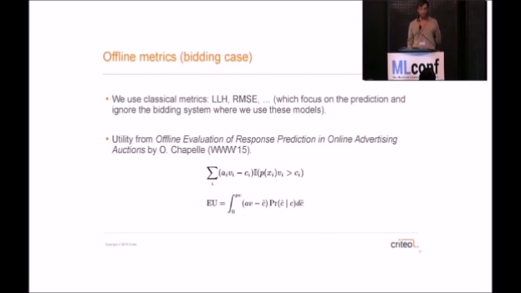So we've researched and published some more advanced metrics that model the competition and put your prediction model in the context in which it is used, so that you can see whether there is an improvement or not, and you can get better offline-online correlation than you would get with classical metrics.